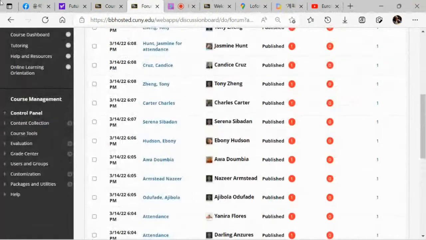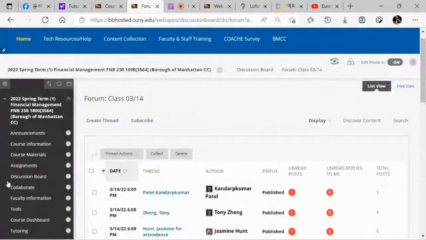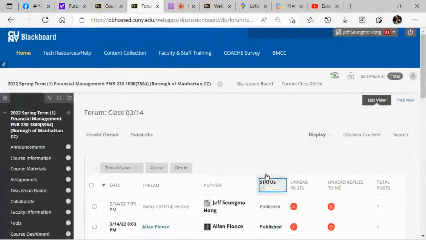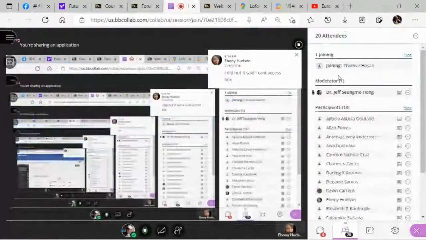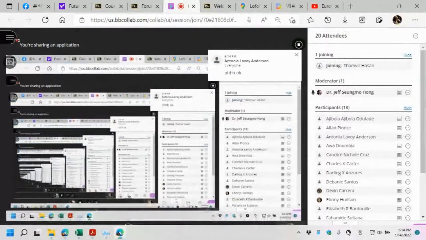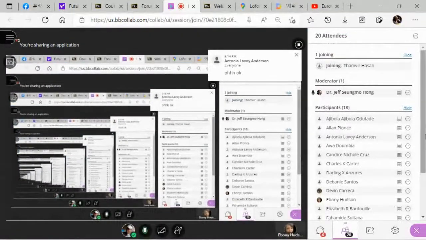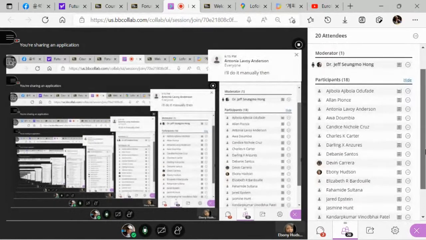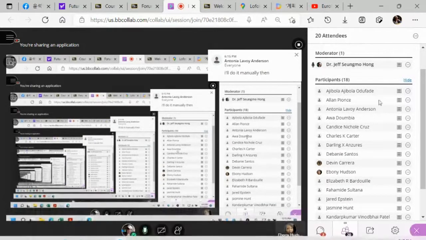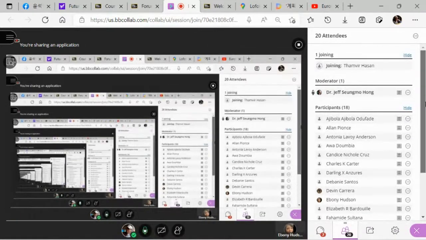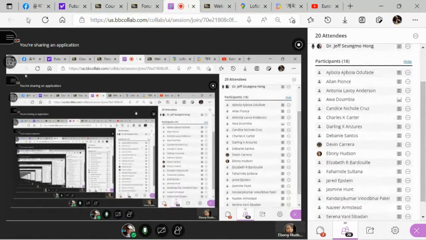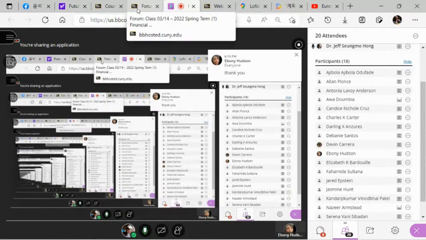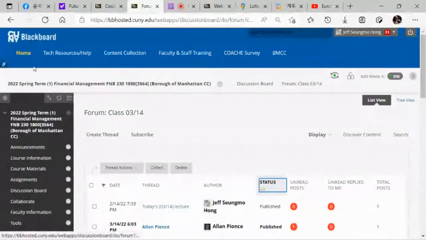Looks like the connection was back from 6:03. I see 20 people, 18 people. Why is it saying 18? Oh, okay, including one currently joining.